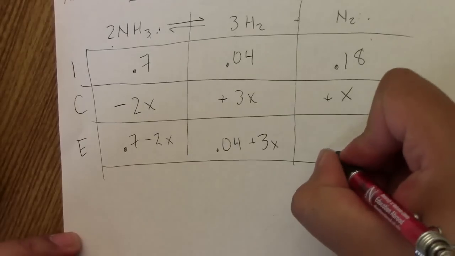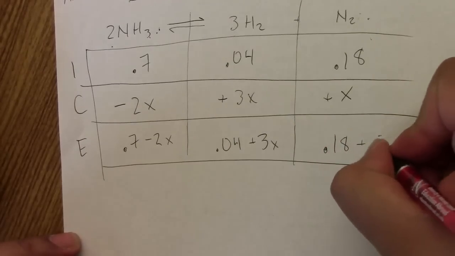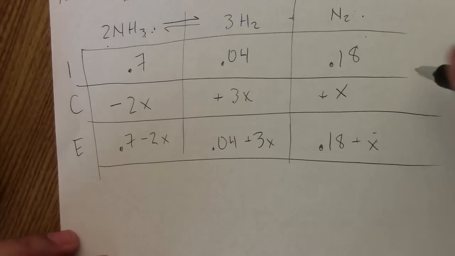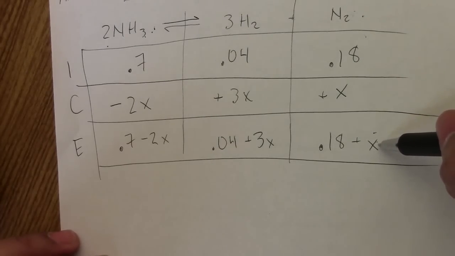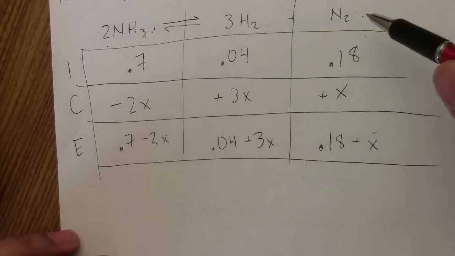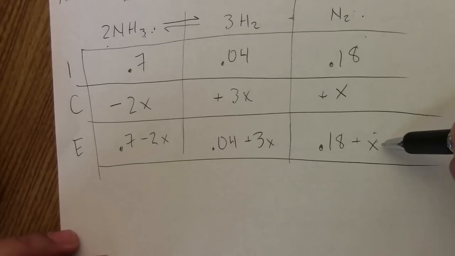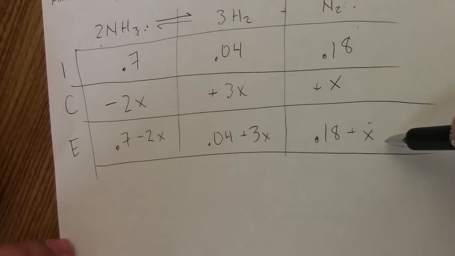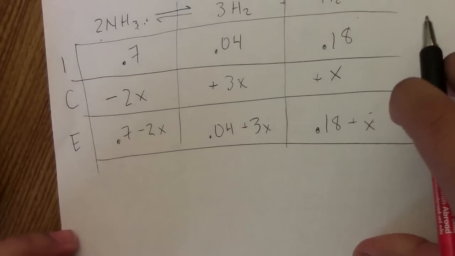Whatever these numbers actually are, once we find X, these numbers represent an equilibrium concentration. So let's say, just as an example, X was equal to 1. If X was equal to 1, that would mean that the equilibrium concentration over here for N2 would be 1.18. That's what that actually means. We're talking about the equilibrium concentrations. All right, hopefully that's pretty clear.